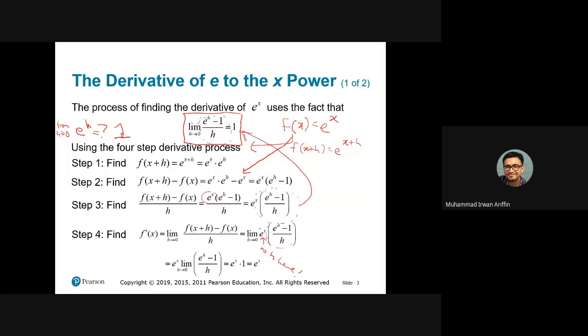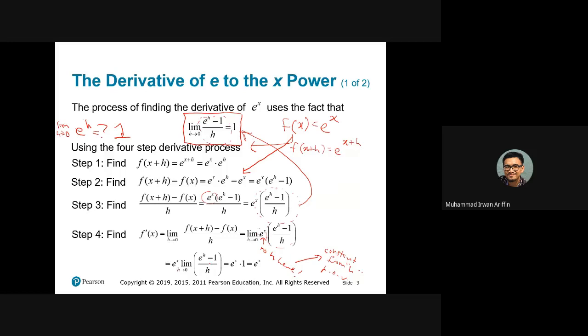So that's why this is simply a constant, which we can bring to the front, because there is no h here. Constant from h's point of view. So we have e to the power of x, which will remain constant regardless of whatever we do to h.